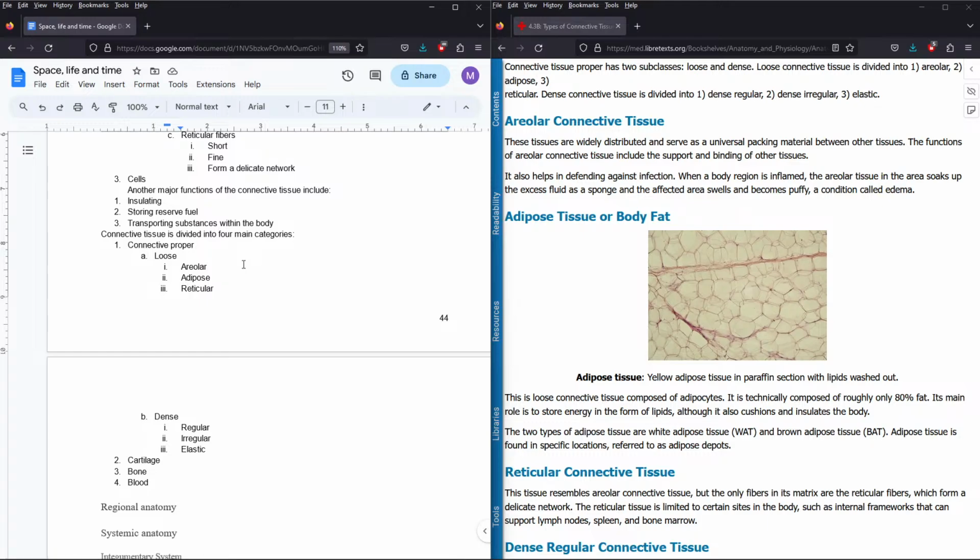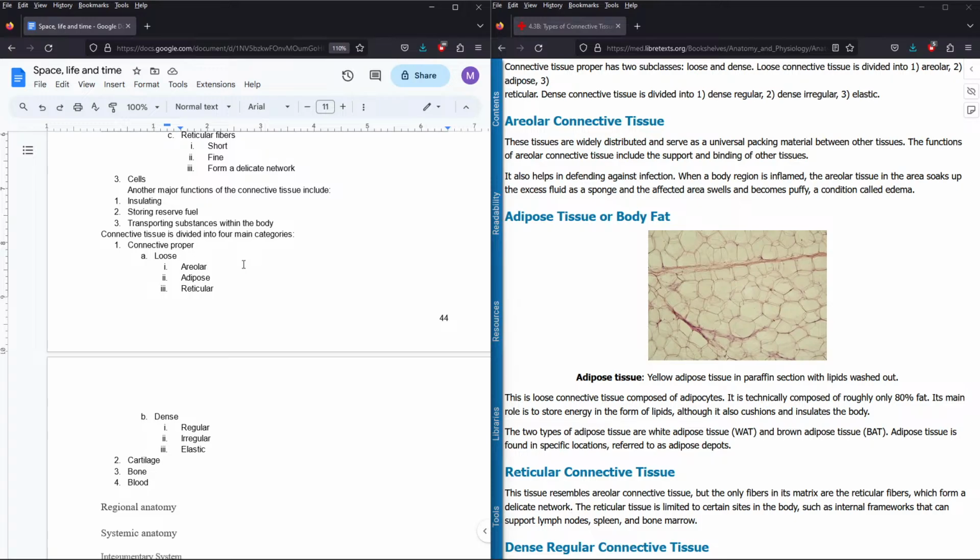These tissues are widely distributed and serve as a universal packing material between other tissues. The functions of areolar connective tissue include the support and binding of other tissues. It also helps in defending against infections when a body region is inflamed.